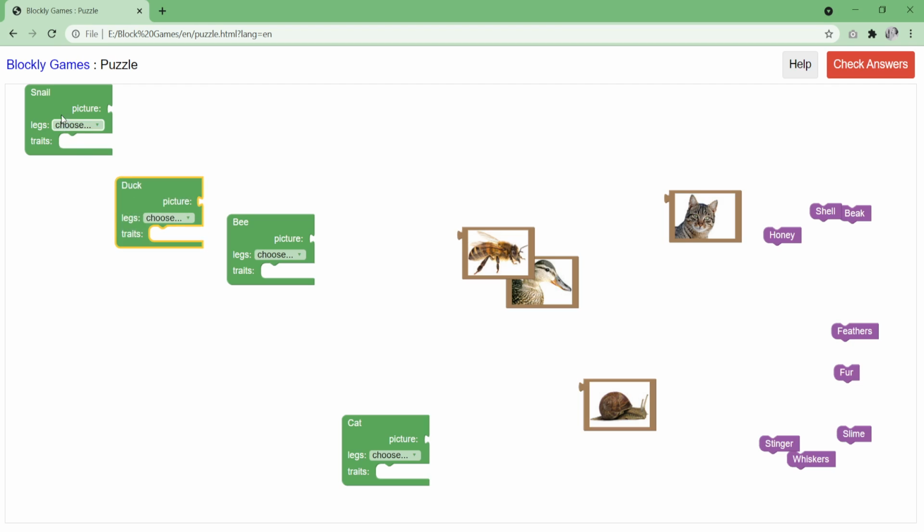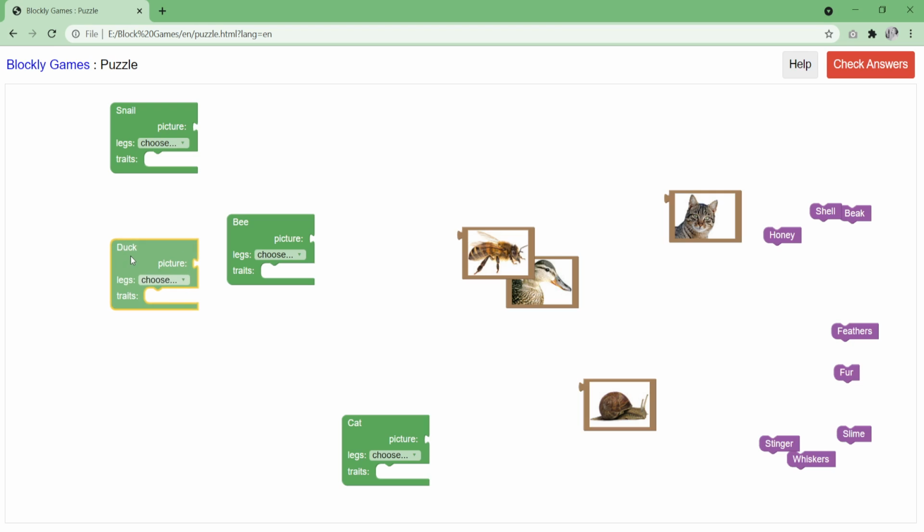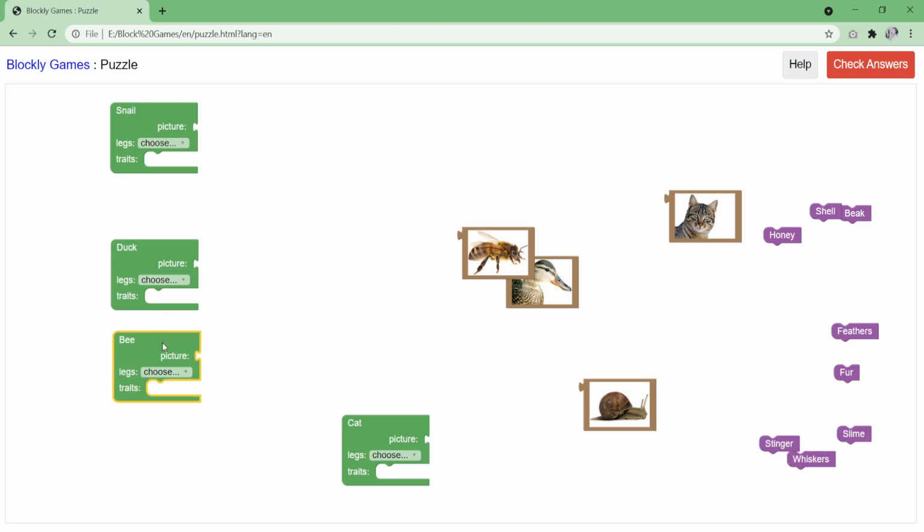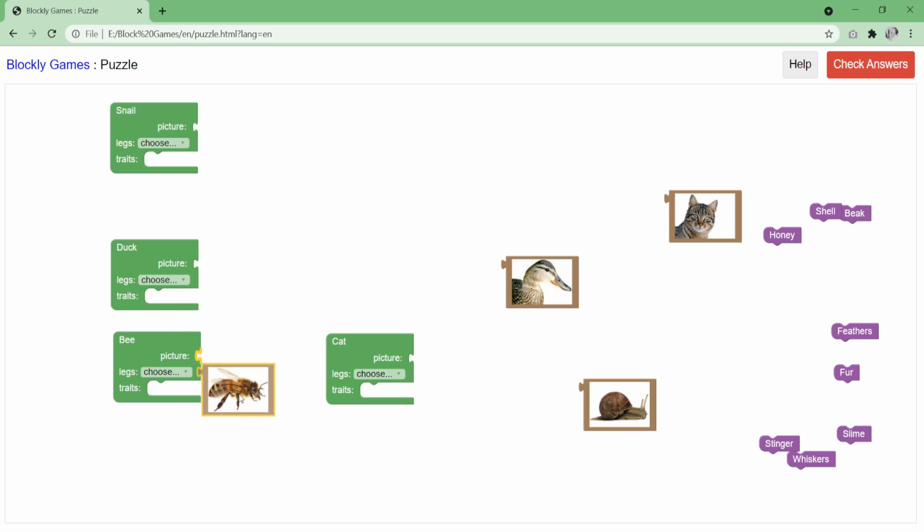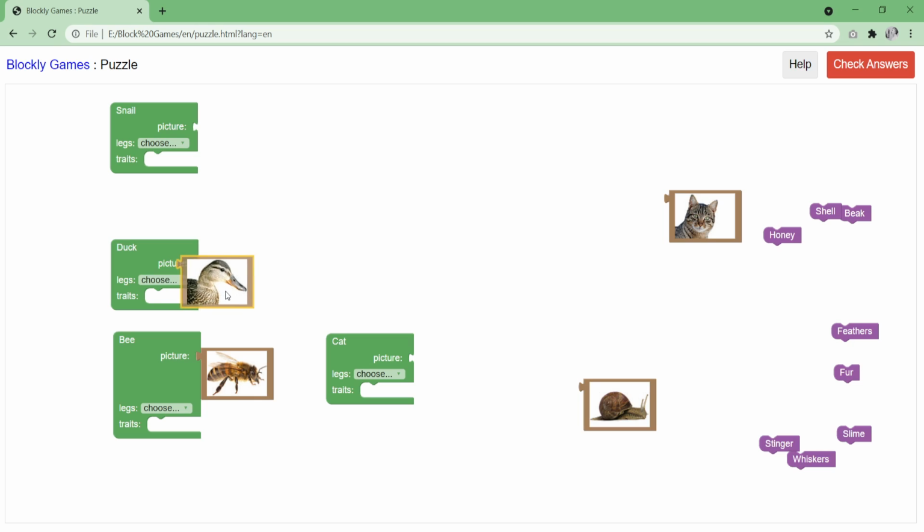So we have here a snail, a duck, a bee, and a cat.